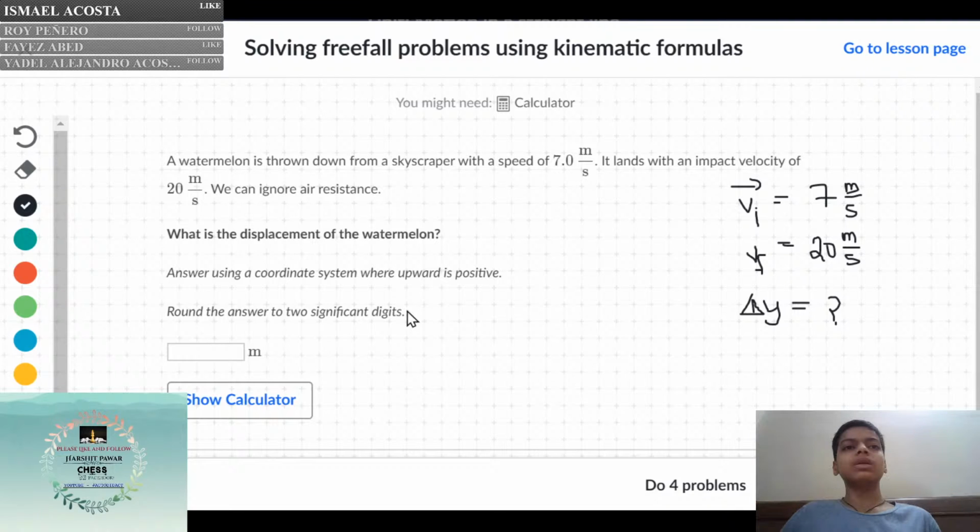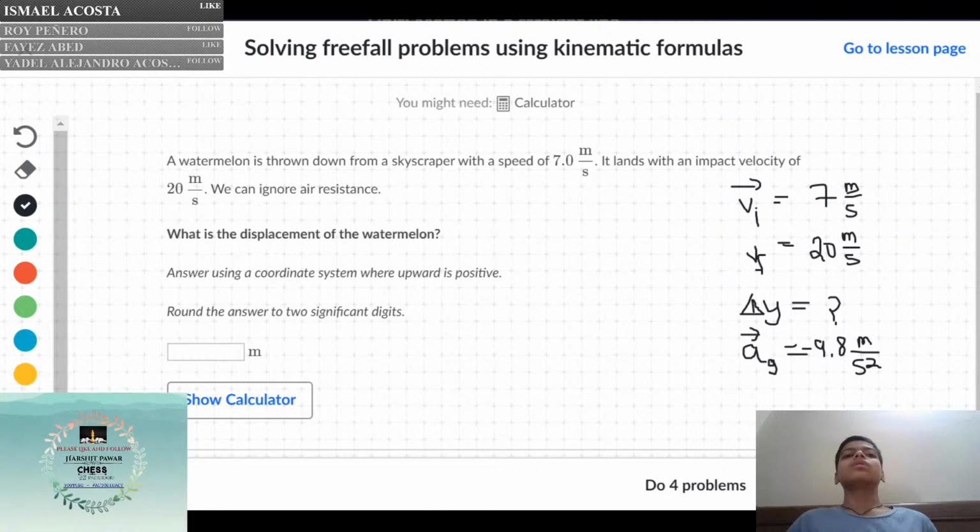We also know the acceleration due to gravity is approximately equal to negative 9.8 meters per second squared, negative because it is pushing downward. We don't know what time is equal to, and we don't need to find that, so we can use this formula.